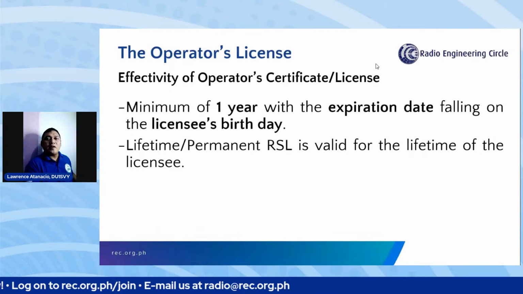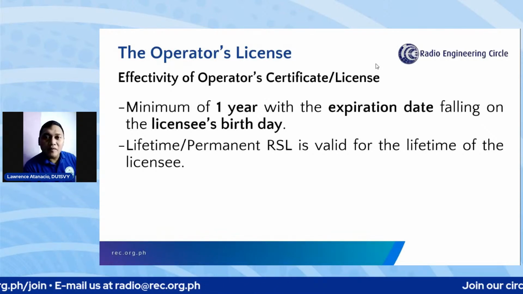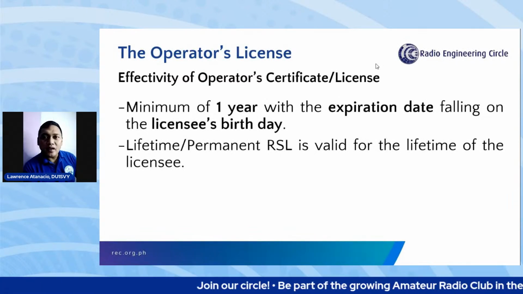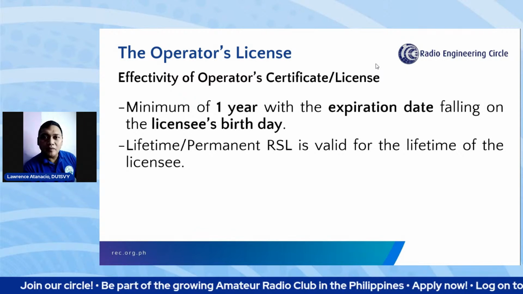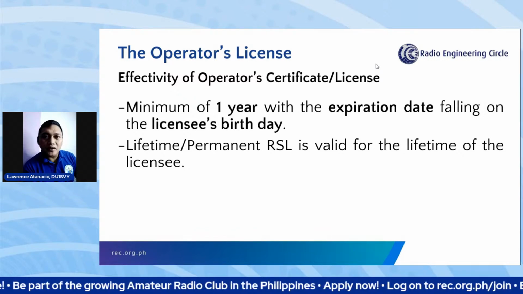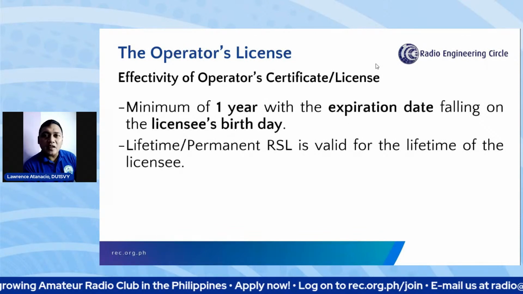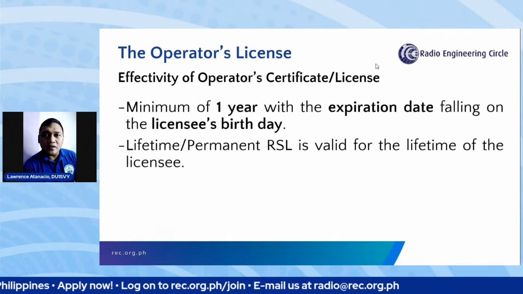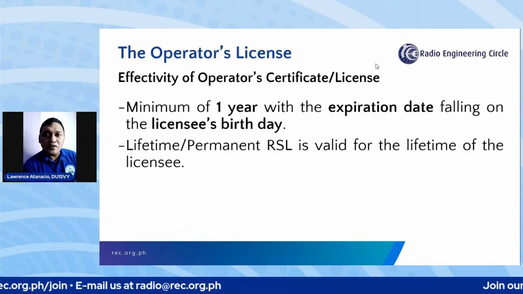Meron din po tayong lifetime provided na dapat ikaw ay 60 years old at dapat po ikaw ay Class A and 15 years in the amateur radio service. Hindi po sinasabi sa NTC memorandum na 15 years na Class A. Ang sinasabi po doon ay dapat 15 years in the amateur radio service.